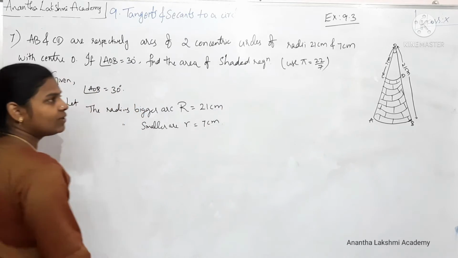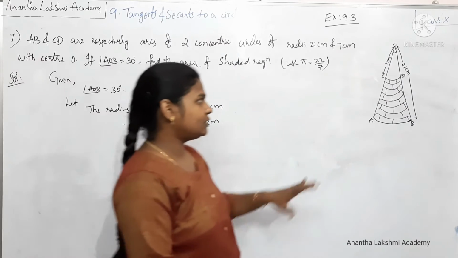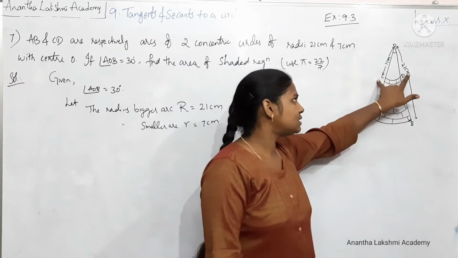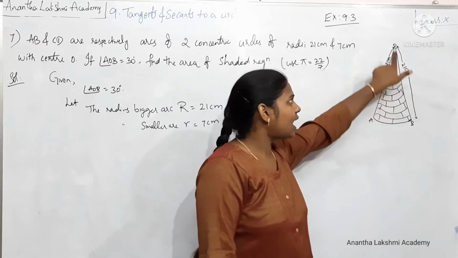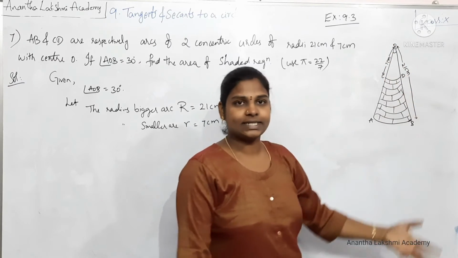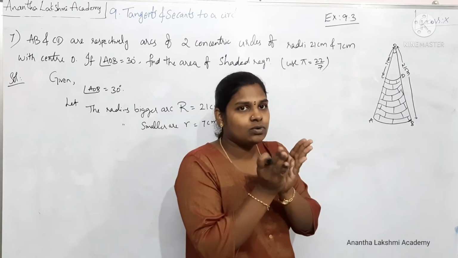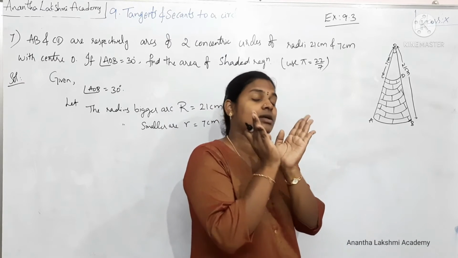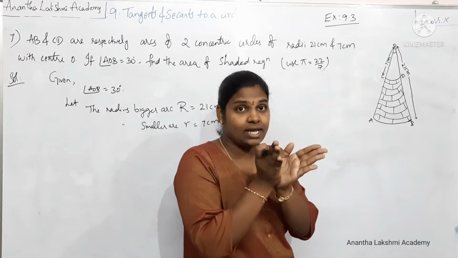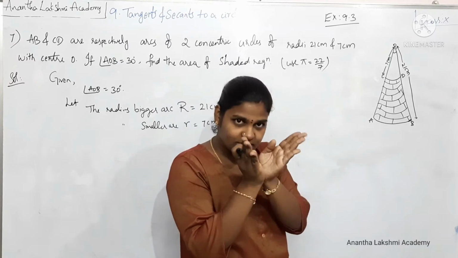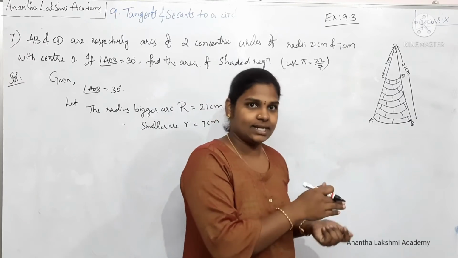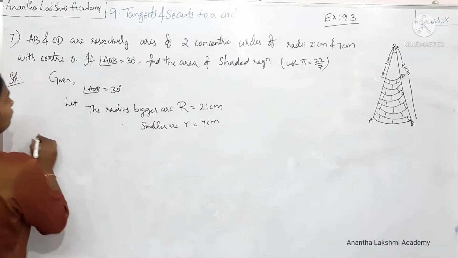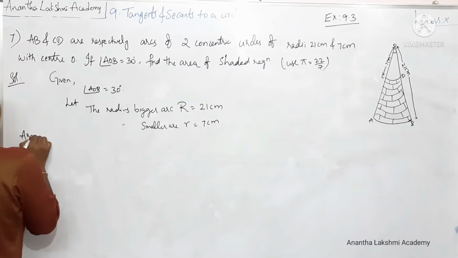Now how do we figure out the area of this shaded region? If you look at this particular symbol, the arc and 2 radii, what is it? The area enclosed within the radii, the arc which is enclosed within radii, is known as a sector.